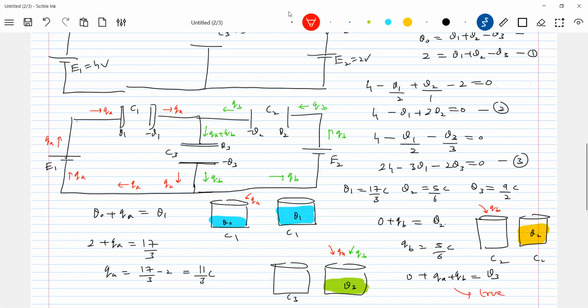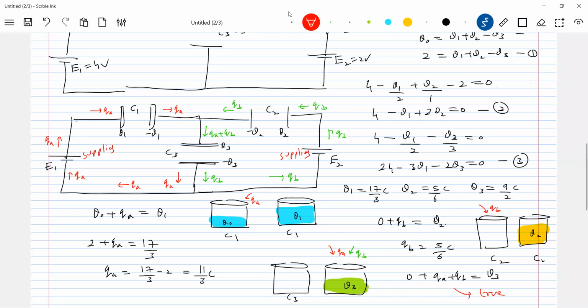Okay, now I think we're in the best position to write the heat generated. What is the work done by this cell, positive or negative? Positive, no? It does positive work, it supplies. What about this one? This also supplies.